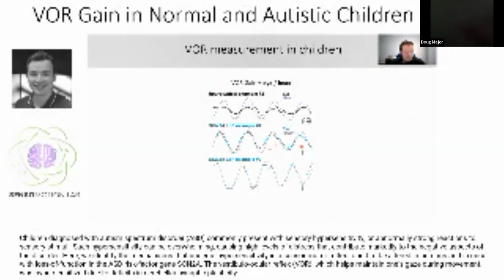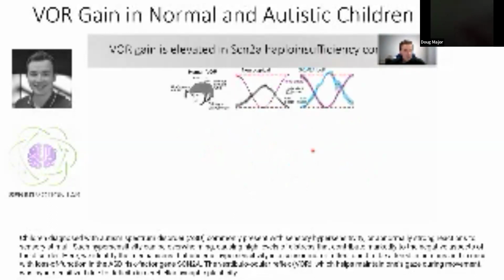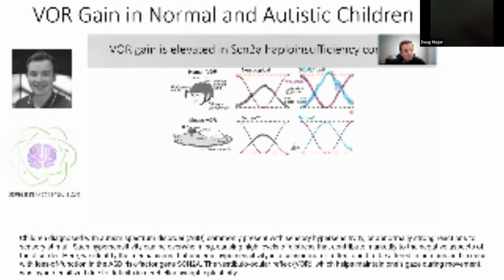And we decided to quantify this a bit better. So here it's per cycle. It's neurotypical. As I said, we have around 0.5, 0.6 in gain. So it's the ratio between eye movement and head movement, remember. And here for SCN2A loss of function kids, the gain was basically 1. It was like saturated. It was really high.